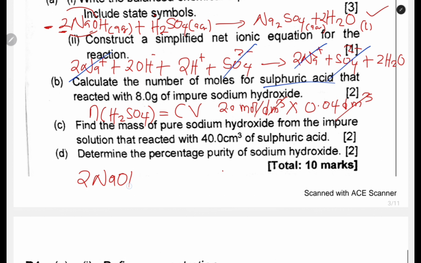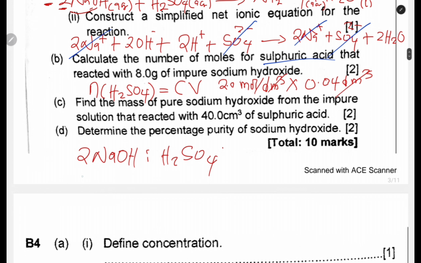We use the ratio to sulfuric acid. The ratio is 2 to 1, so 2 moles, then 1 mole. The one that we found for sulfuric acid is 0.08 mole. Then how much of sodium hydroxide do we have?